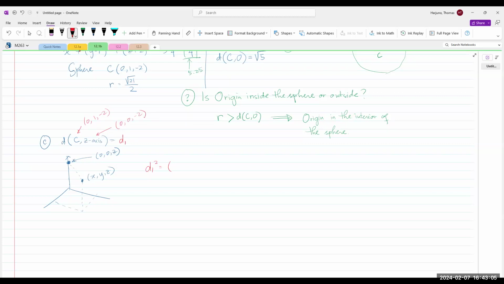If you think about it, you will see that 0 minus 0, that's the difference of the x's, and then 1 minus 0, that's the difference of the y's, and then -2 minus -2, that's the difference of the z's, which is 1. So the distance from the center of the sphere to the z-axis is 1.